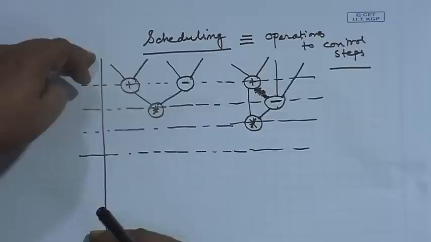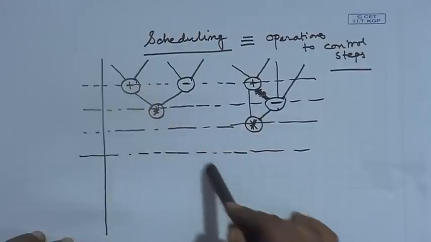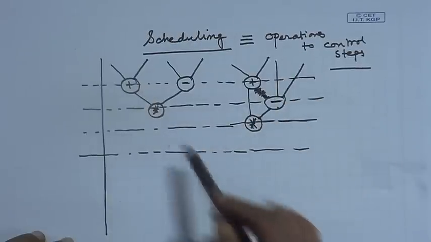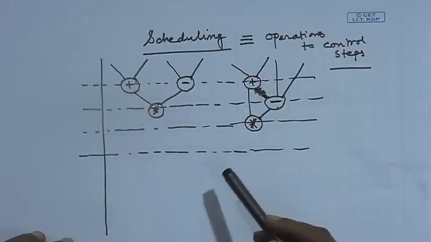On one side, if I had an unlimited number of functional units, and if the dependencies were not there, then I could have scheduled all of them together. If the dependencies are there and an unlimited number of functional units are there, then my only constraint in scheduling is the dependencies. But in reality, both of these are constrained. I have to have some time, there are dependencies, as well as the number of functional units is not infinite, right.